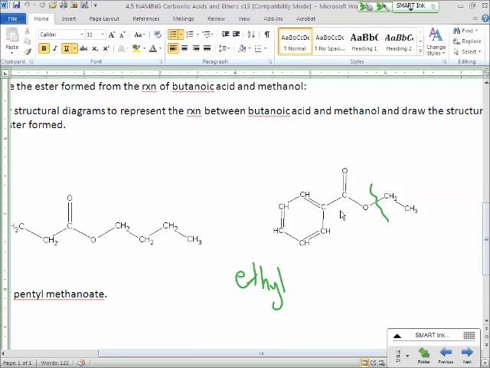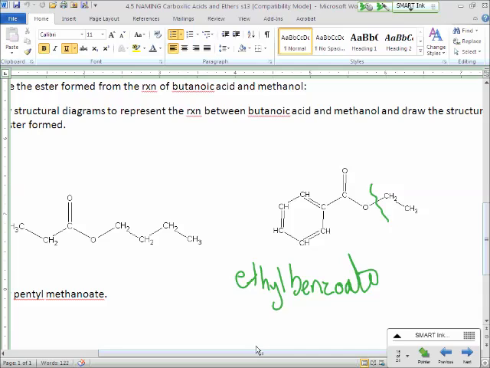When we have a benzene ring stuck to that carboxyl group, what was that acid called? It was called benzoic acid. So what's this going to be when it loses the H? Benzoate. Ethyl benzoate. All right?